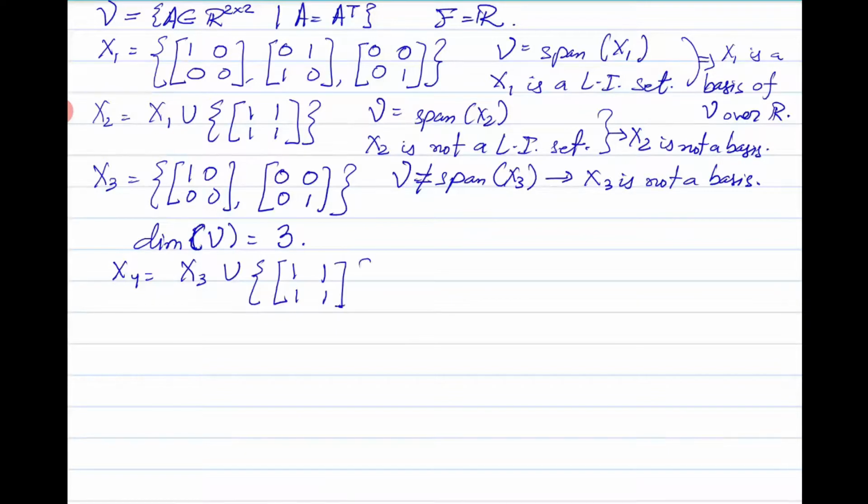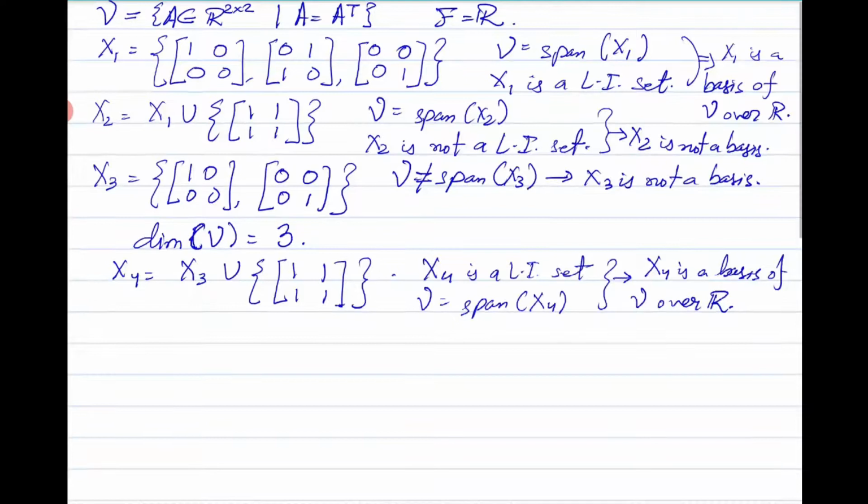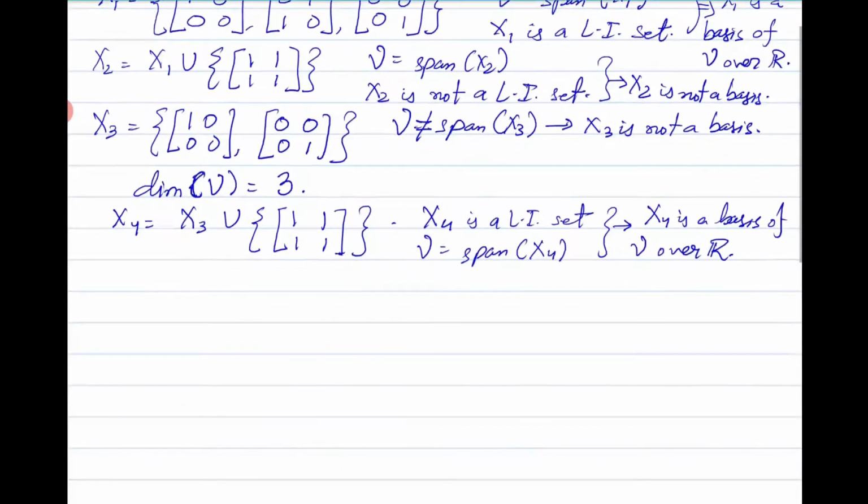So this x4 set is different from what you have in the x1 set. You can verify that x4 is a linearly independent set, and also the vector space under consideration is spanned by x4, thus establishing that x4 is a basis of the vector space over the given field, which is reals in this particular case.